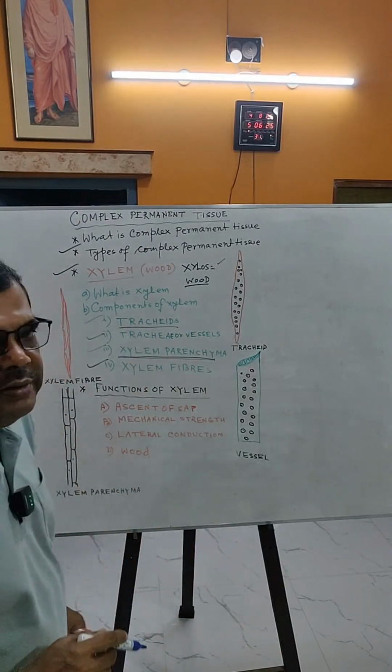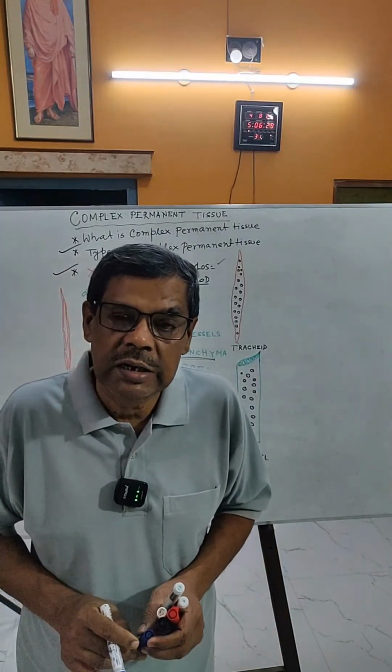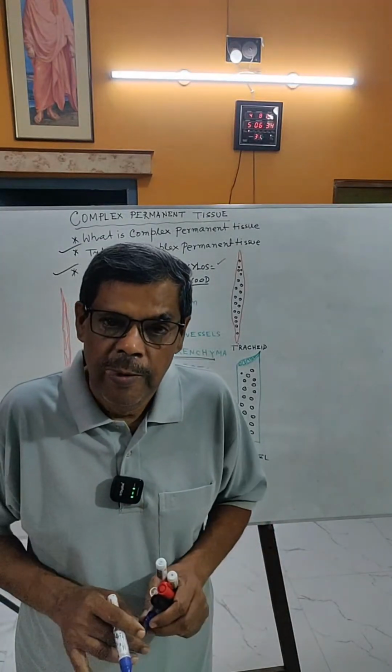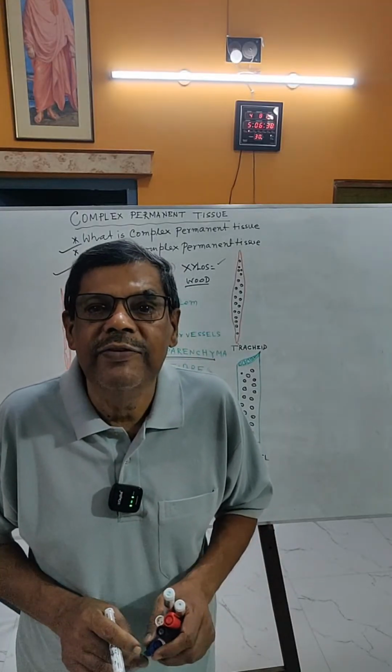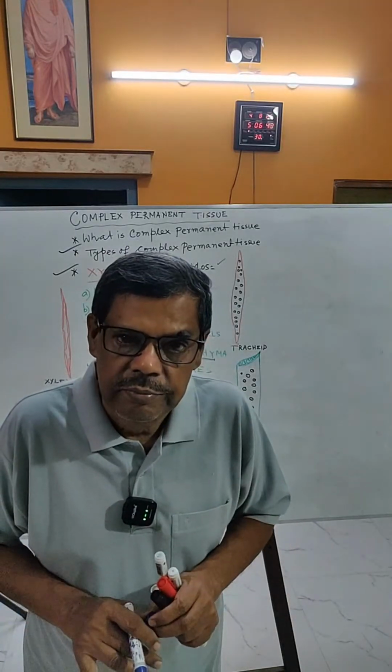Next, trachea or vessels. These are the most important conducting cells, found mainly in angiosperms or flowering plants.